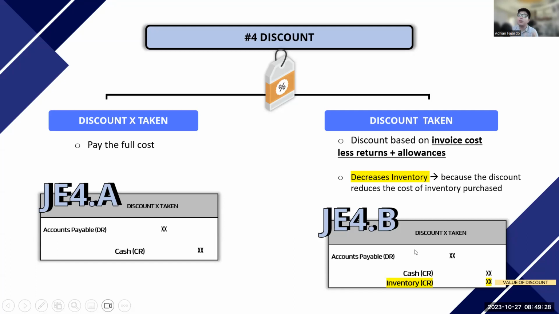So it's gonna be a compound journal entry wherein the first thing that I want you to do is step 1, zero out your accounts payable with the debit. Step 2, identify the value of the discount. So bababaan mo yung inventory. And then step 3, just solve for the cash amount that will make sure na balance yung journal entry mo.